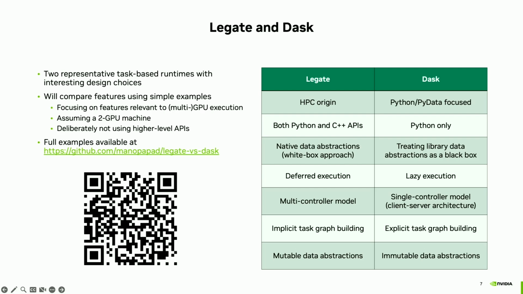I'll give more details later, and then some notions about mutability, multiple partitions, and how the task graph is constructed, explicitly or implicitly. You might have heard Fred introduce me as a member of the Legate team, so that might inform my biases, so maybe keep that in mind.